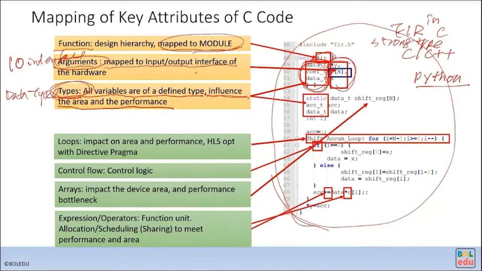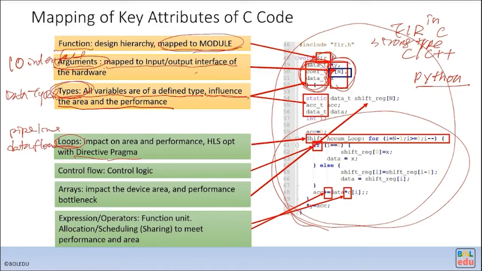And in the main body, it has a loop. The loop is the main focus in HLS because it impacts area and performance. We use the pragma directive to control the level of parallelism, and we will have a chapter on pipeline and dataflow dedicated to explaining the loop. And we have control flow, control logic.